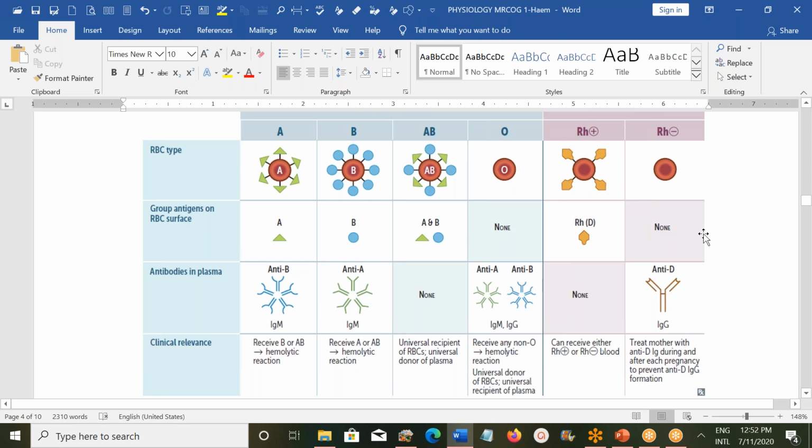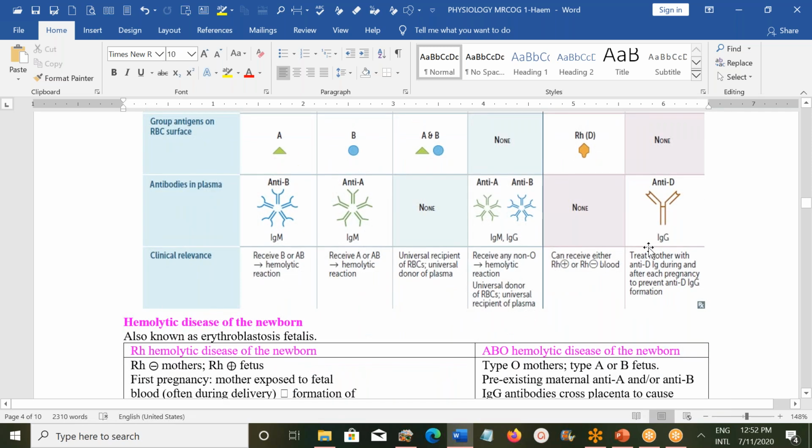They will be heterozygous. Why will they be heterozygous? Because they are getting one gene from each parent. So both negative, the baby is going to be negative. And if one of the parents is positive, then that baby is going to be heterozygous. Heterozygous means that it will have capital D and small d in the system.